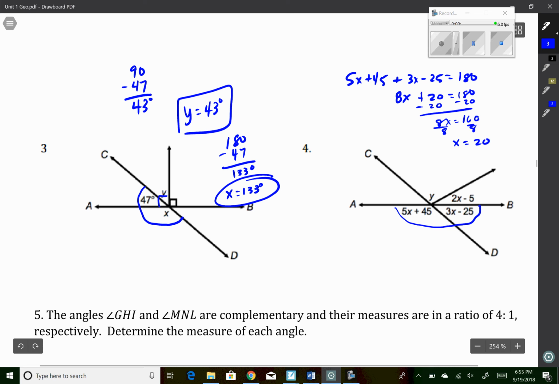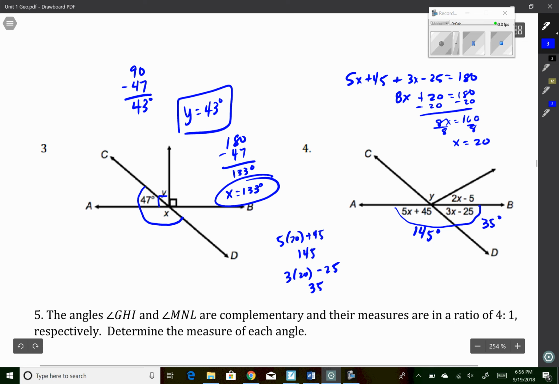Now, why does x equals 20 help me? Well, if x equals 20, I can say 5 times 20 plus 45, which gives me 145 degrees, which is this angle here. I can say 3 times 20 minus 25. Well, that's going to give me 35, which tells me this angle here.